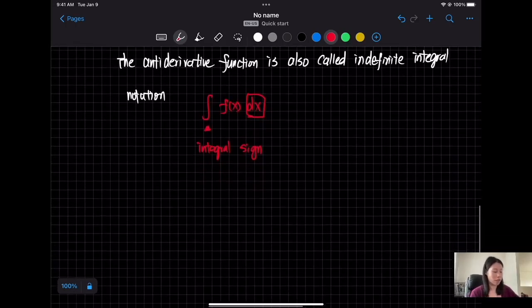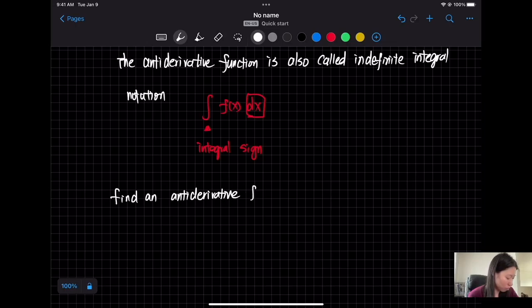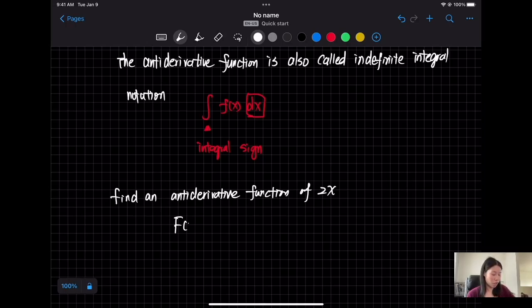That means we know which variable we're taking the antiderivative with respect to. Okay, so now let's try this one. I want you to find the antiderivative function of 2x. Well, I can choose any function that I like as long as the derivative equals 2x, right? So you can pick the original function equals x squared plus 1, that's fine.